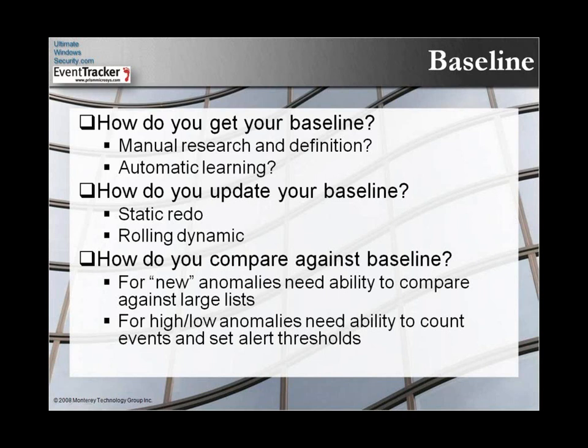Well, certainly, we could do manual research and definition. What we'd have to do in the new process scenario is go out there and do some queries to get a distinct list of all executables in our process start events, which incidentally is event ID 592 on Windows 2003.